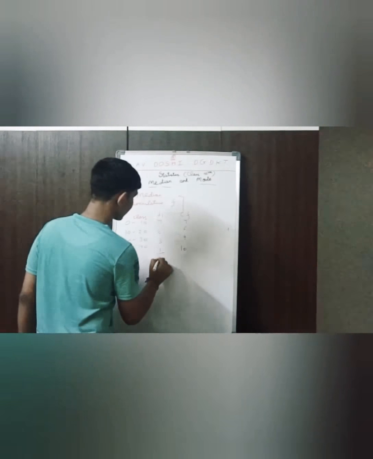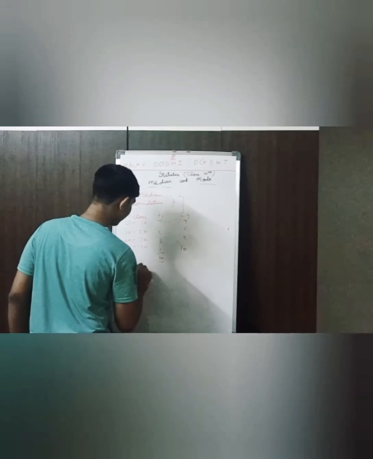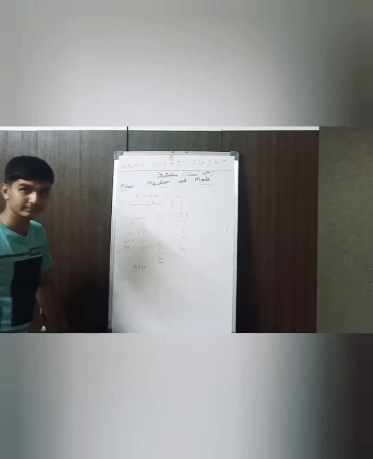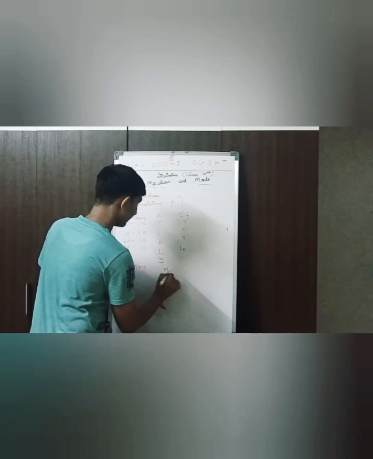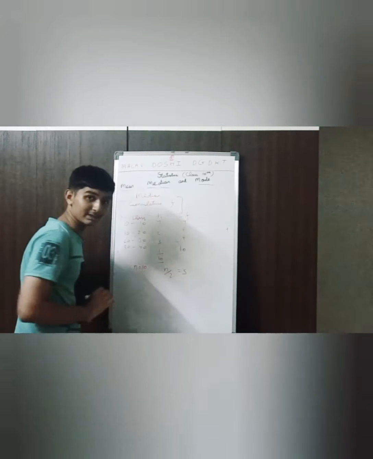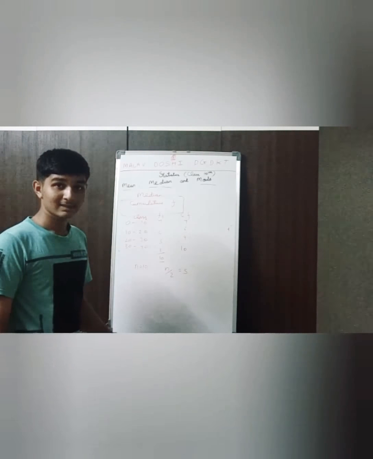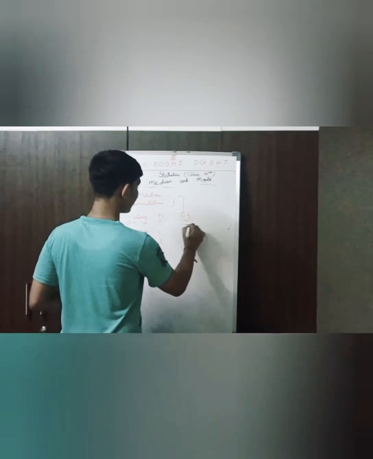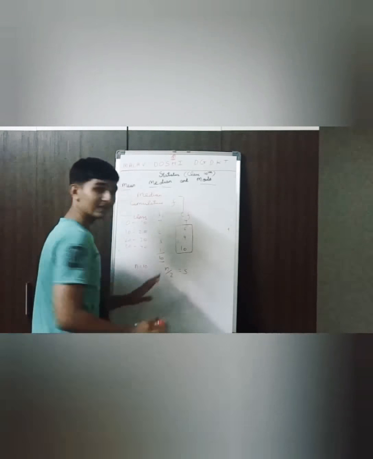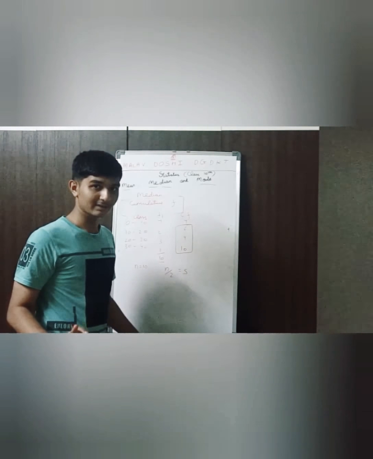Now here what is the sum? 10. So here you will take n equals 10. Now divide it by 2. N by 2 is equal to 5 in this case. Now look in which class the cumulative frequency value is greater than 5. In this, 3 values are greater than 5.